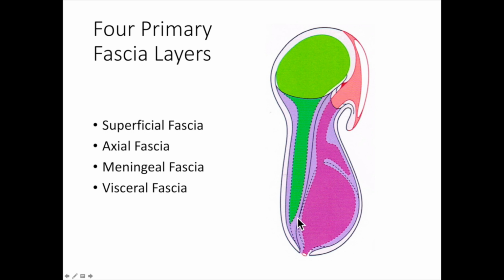In between these layers, we have the musculoskeletal fascia. So from embryology, we can see the whole body relation of the different fascial systems. Now let's take that into the cranial base.